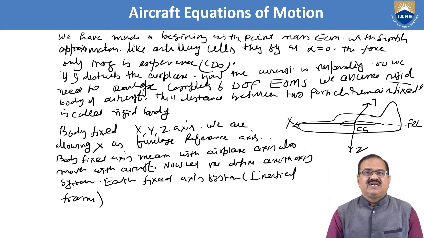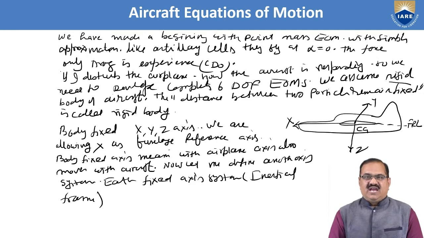Do we need to develop the complete six degree of freedom equations of motion? We assume the aircraft is a rigid body. Rigid body means the distance between two particles remains fixed in any condition of the aircraft. Here we have the three axes. This is the body axis: x-axis, y-axis and z-axis.